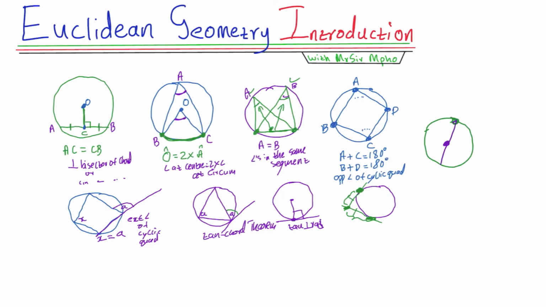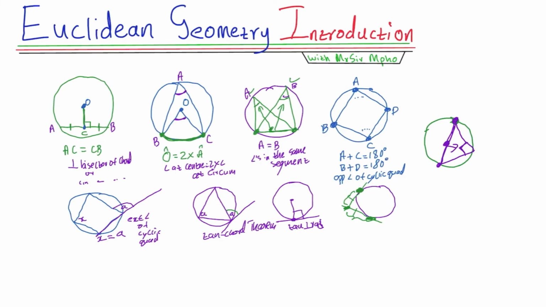It's a straight line that passes through the center, and it starts at one point on the circumference and ends on another point on the other side, but it passes through the center. That's very important. So a diameter will always subtend a 90 degree angle at the circumference all the time. This diameter will always subtend a 90 degree angle at the circumference.